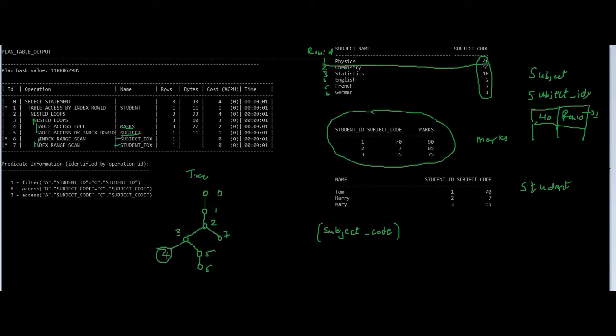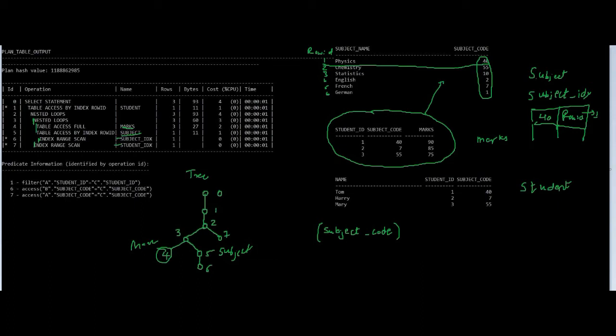So now at point 5 we have table access of subject with the help of index row ID, and 4 was marks. These two are joined, so that join condition is at point 3. That is a nested loop.